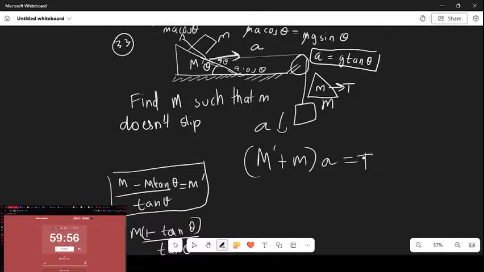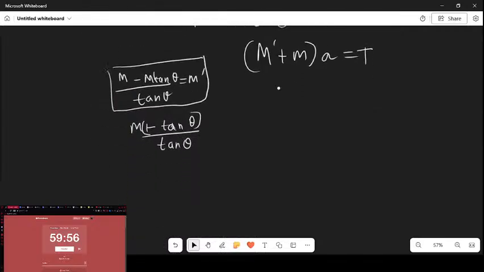Acceleration is equal to tension, and mg minus tension is equal to mass into acceleration.